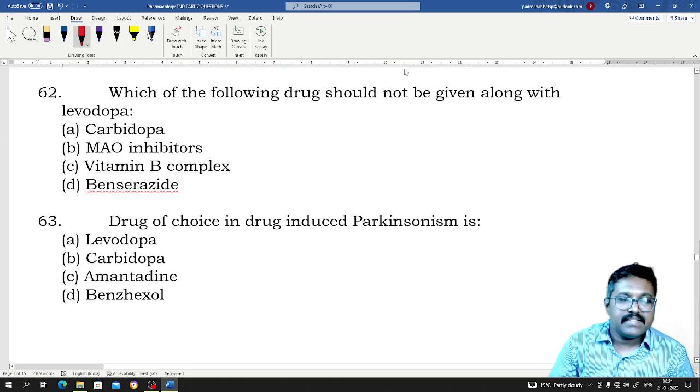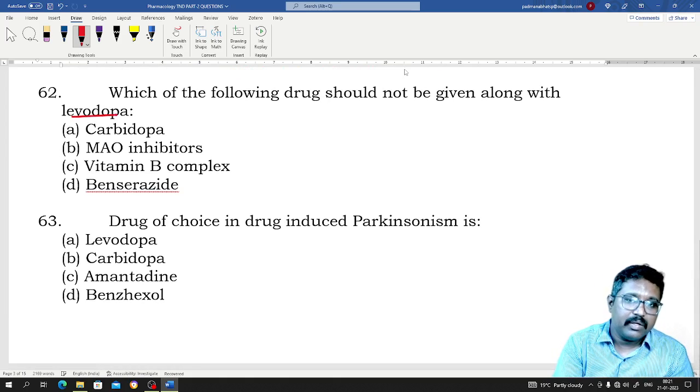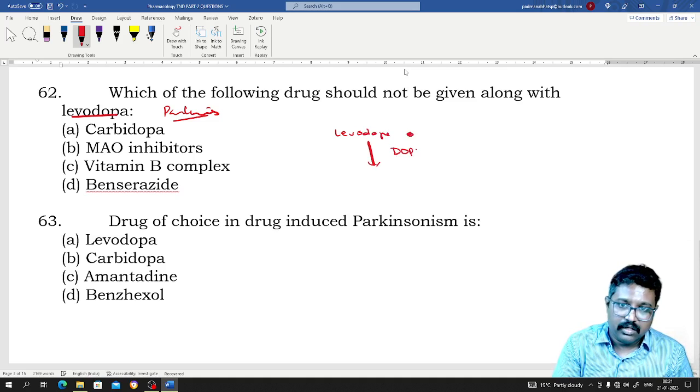So moving on to the 62nd MCQ, which of the following drugs should not be given along with levodopa? Levodopa is the drug which is preferred in case of Parkinsonism. If you are giving levodopa, it will be degraded with the help of dopa decarboxylase, the peripherally available decarboxylase.